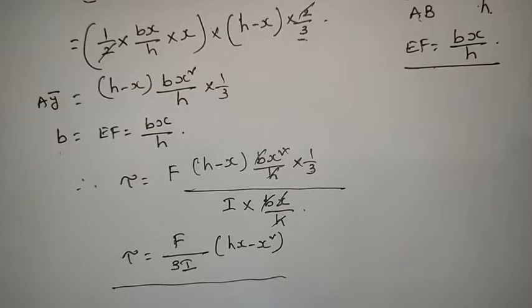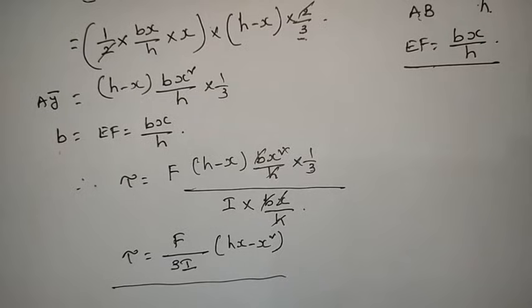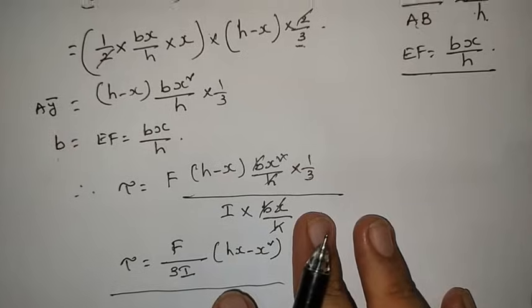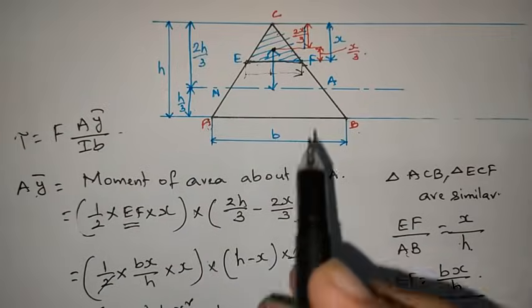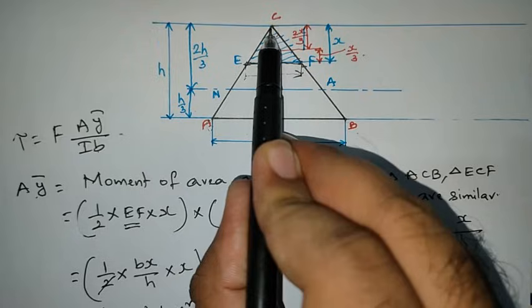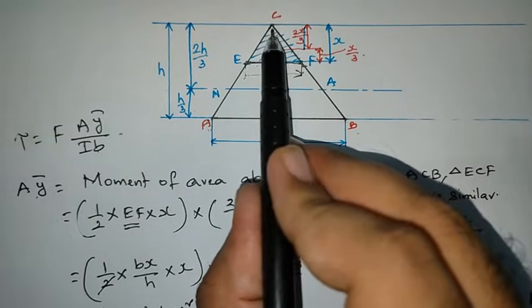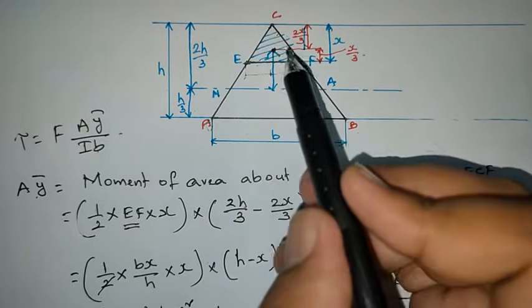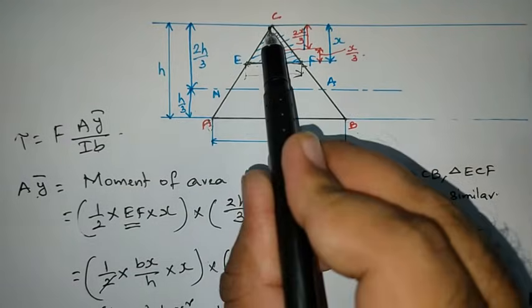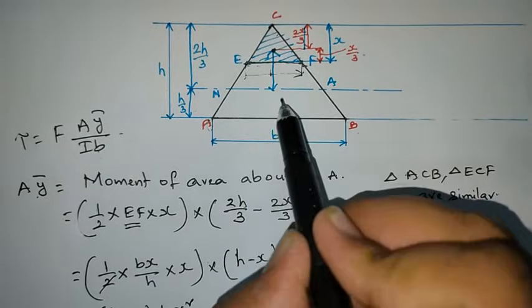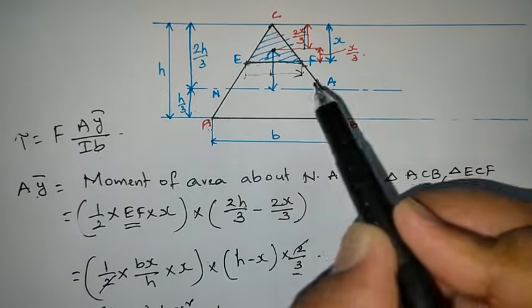Okay, now I want to find the shear stress at different sections of the triangular section. Okay, so ఇప్పుడు నేను different sections దగ్గర కనుక్కుందాం అనుకుంటున్నాను. So first I want to calculate shear stress at the apex point దగ్గర నేను shear stress కనుక్కుందాం అనుకుంటున్నాను. సో వాట్ ఈస్ ది shear stress వాల్యూ అంటే లేయర్ EF అనేది ఇప్పుడు C దగ్గర ఉంది. సో C దగ్గర ఉంటే y వాల్యూ ఏమవుతుంది?